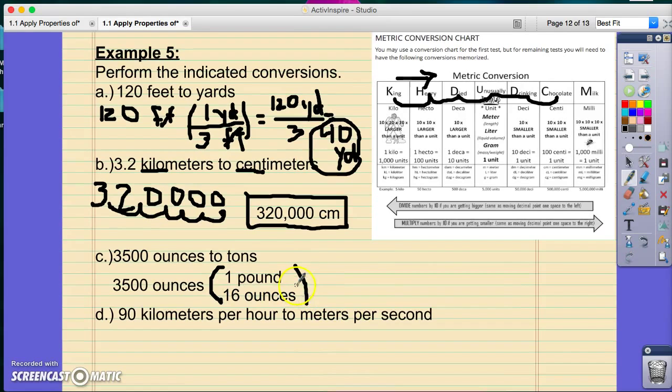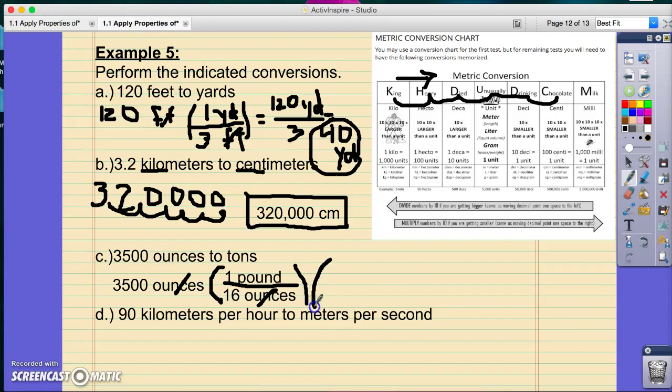So we know 1 pound equals 16 ounces. Now, think to yourself, why did I put ounces in the denominator? It matters. You can't put pounds in the denominator, you have to do ounces. If you look at the last example, we want the units to cancel out. So we're going to cancel out ounces here and ounces here. That leaves me with a number for pounds.